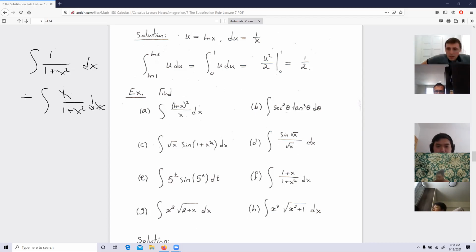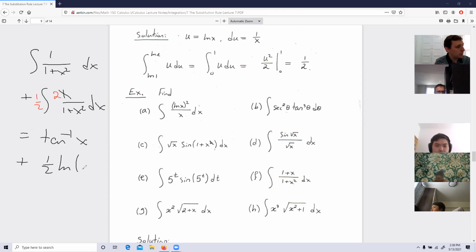Yes. So what do we do here? So this part requires a 2 and a 1/2. And now we can easily solve the entire thing. So the first one is tangent inverse of x, plus the next one is 1/2 ln of 1 plus x squared plus a constant.